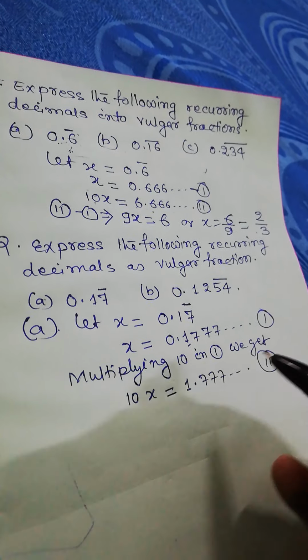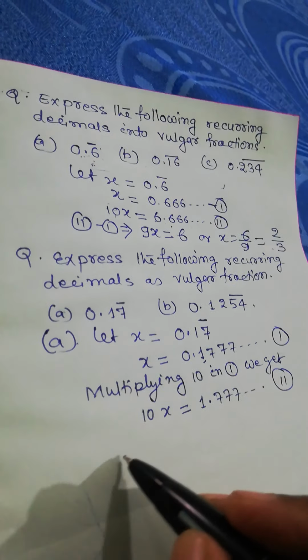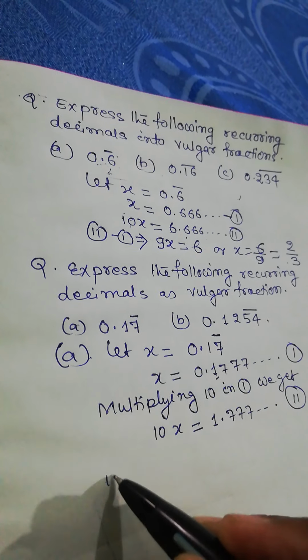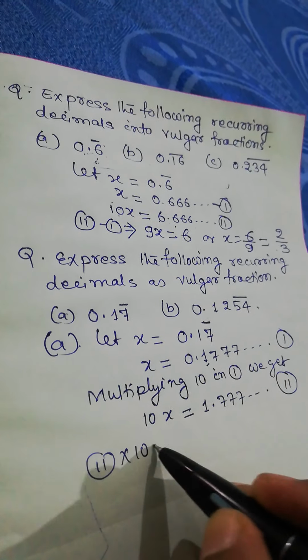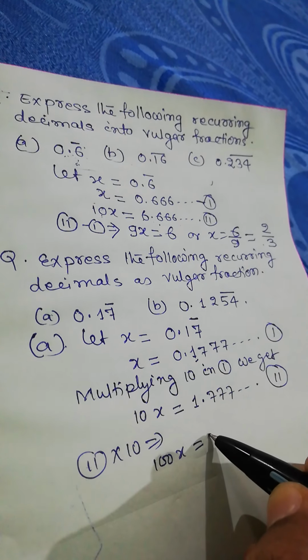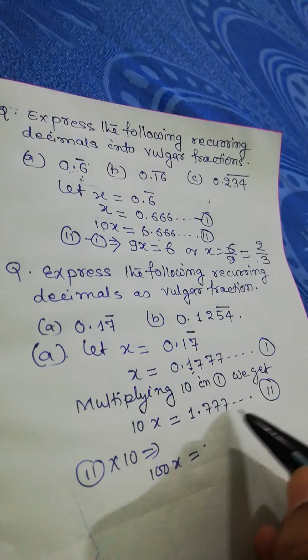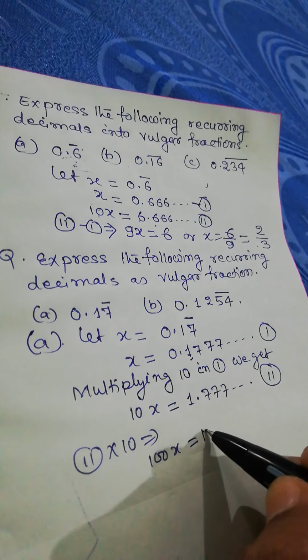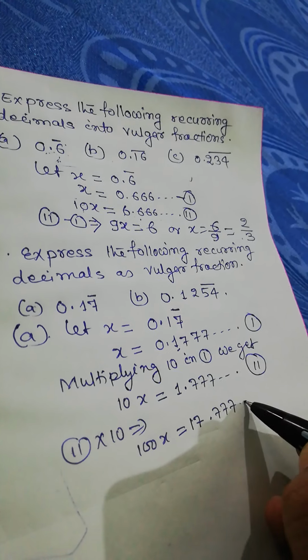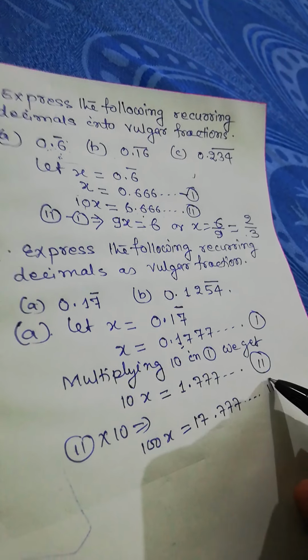This is second. Again multiplying second by 10, we get 100x equal to 17.777 dot dot dot. This is third.